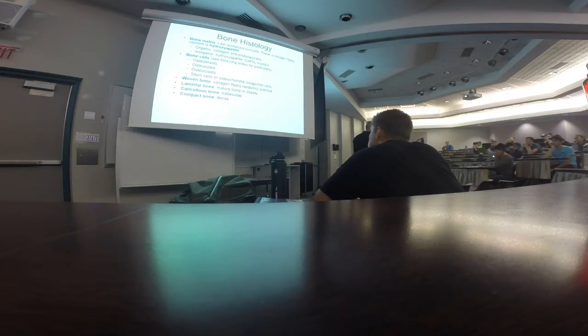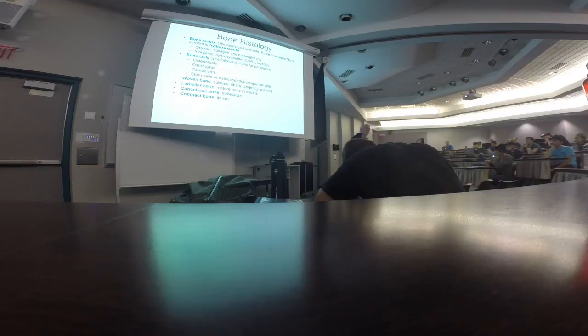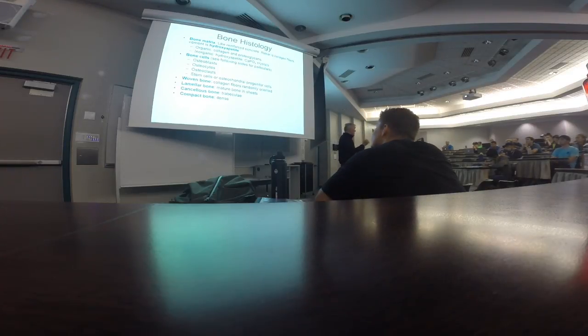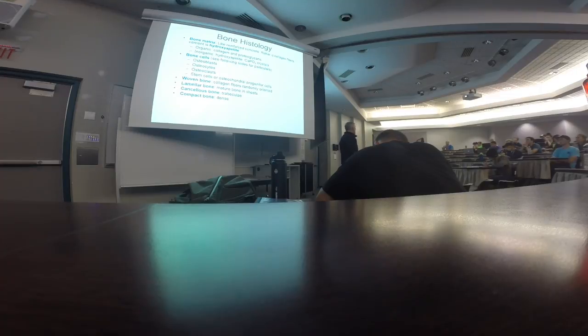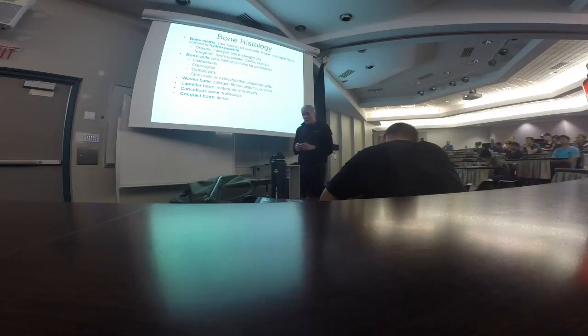Woven bone has collagen fibers randomly orientated. If a bone is broken or a bone is just developing, it is woven. But otherwise, mature bone, bone that isn't just developing, is lamellar.